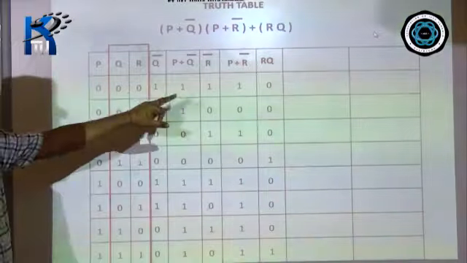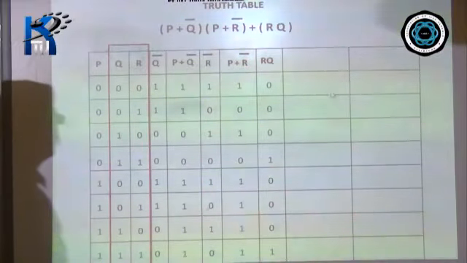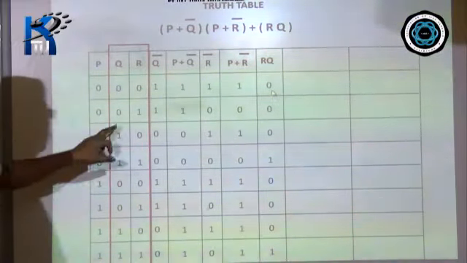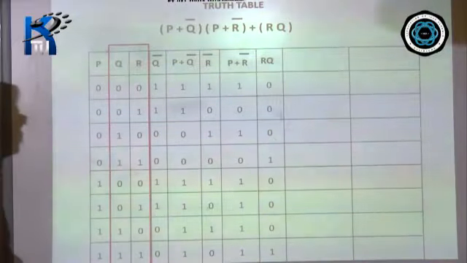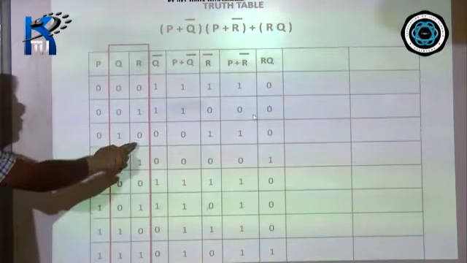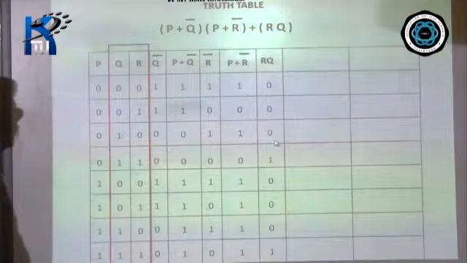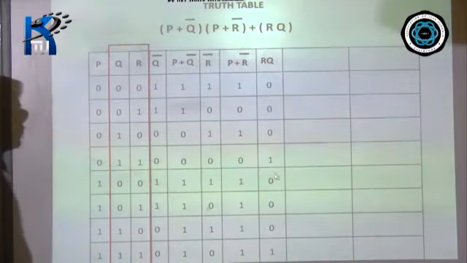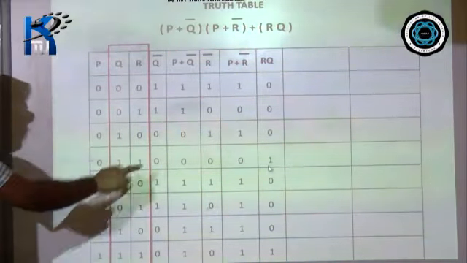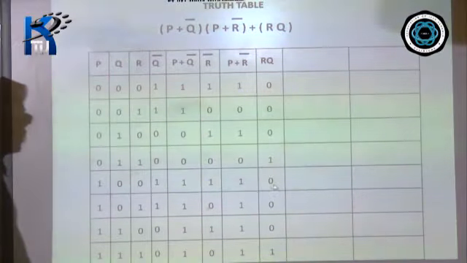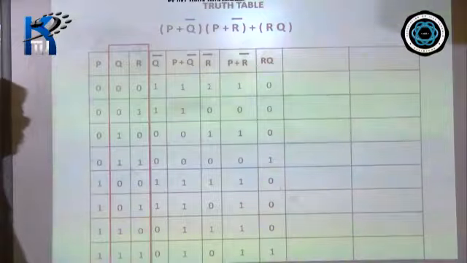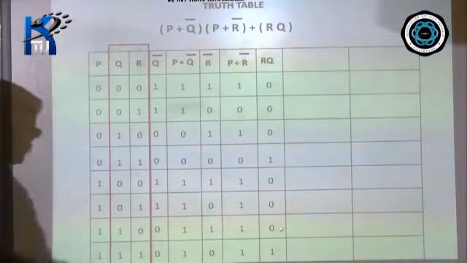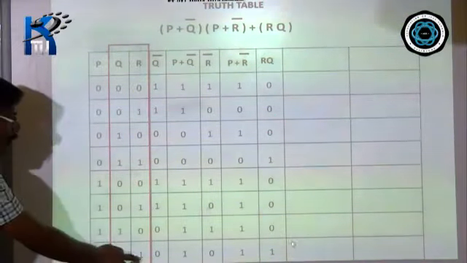So 0, 0, output is 0 here. Then you got 0, 1, next one is 0. 1, 0 is also 0. Then we have got 1, 1, which is 1, because both are 1. Next we have got 0, 0 is 0, 0, 1 is 0, 1, 0 is 0, 1, 1 is 1.